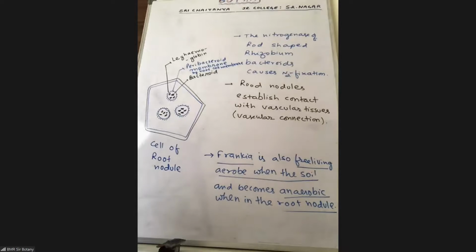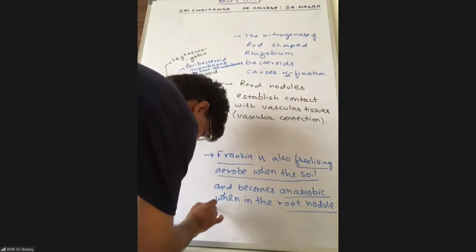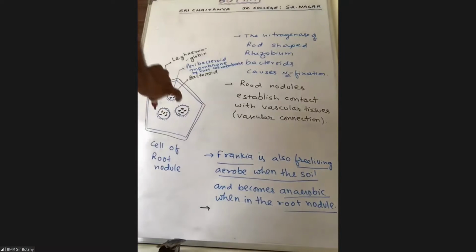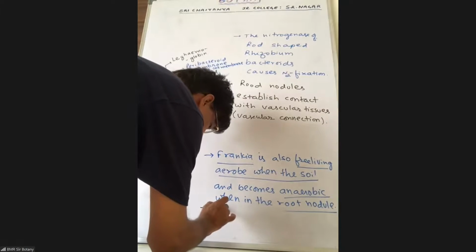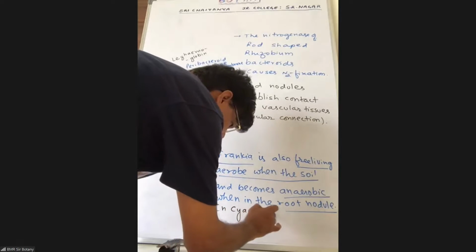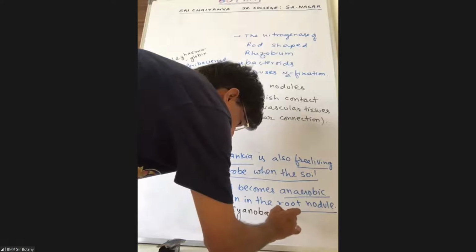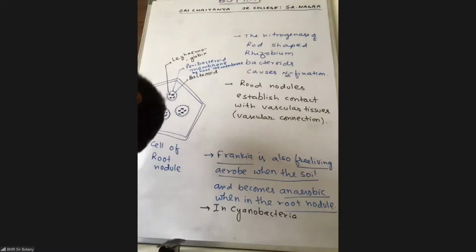In cyanobacteria, heterocystous cells protect the nitrogenase. In cyanobacteria like Nostoc and Anabaena, have you heard about this when we were talking about the kingdom Monera?